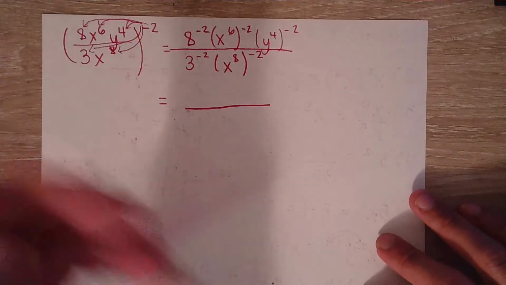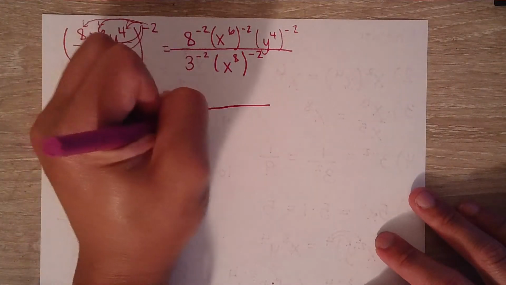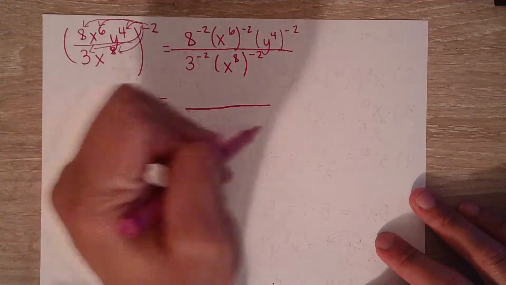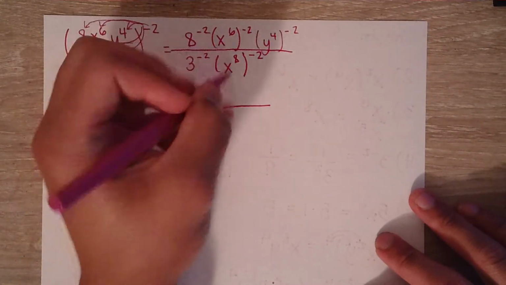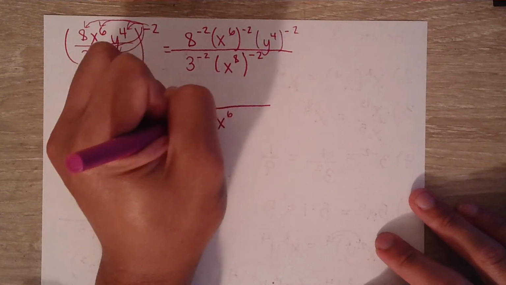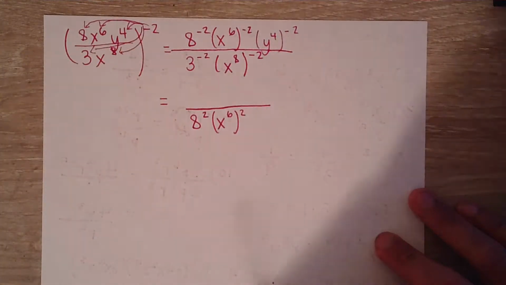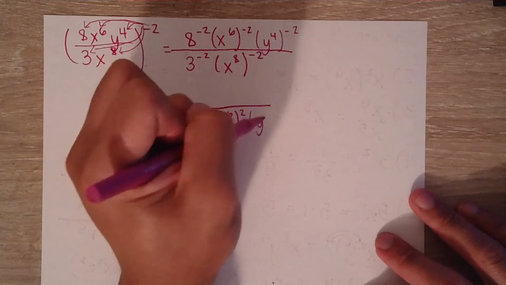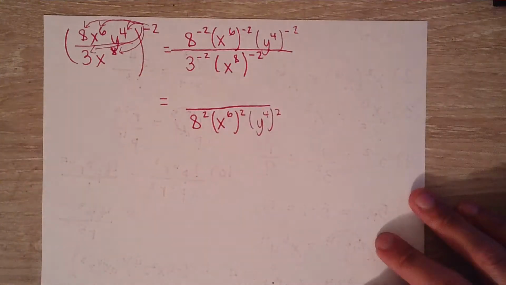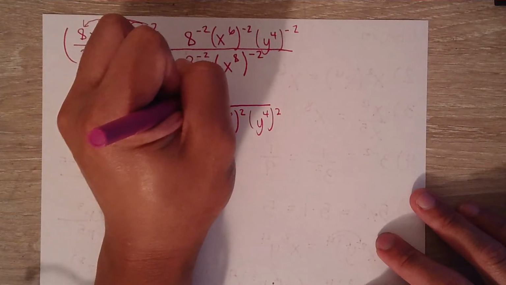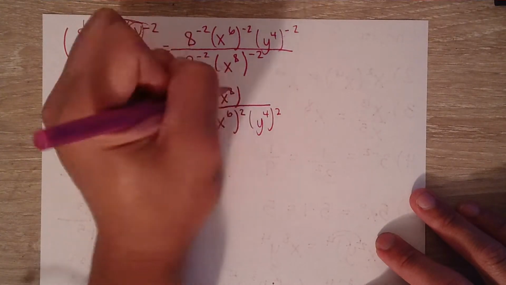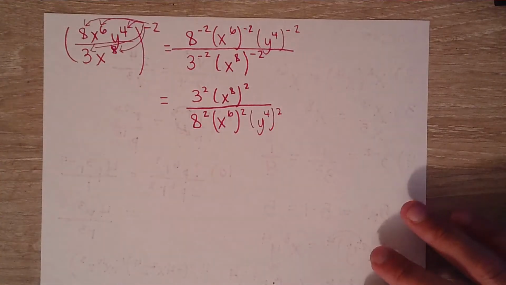So let's just go ahead and switch that fraction around. Everything in our numerator is going to be in our denominator with a positive 2 exponent, though. So x to the 6th raised to the positive 2, and then y to the 4th raised to the positive 2. And then 3 raised to the positive 2, and then x to the 8th, that is going to be raised to the positive 2 as well, too.